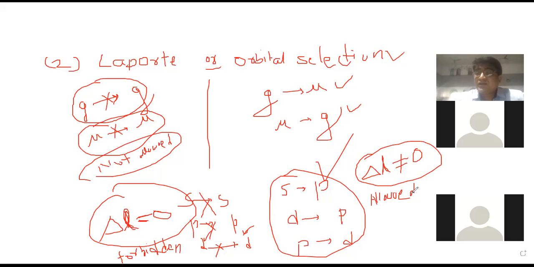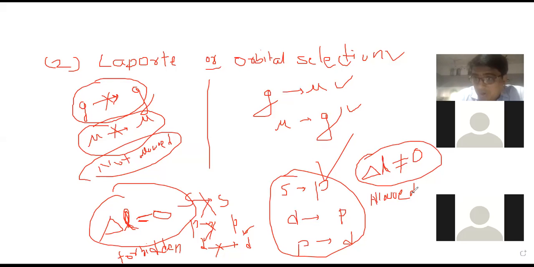According to the spin selection rule, an electronic transition accompanied by a change in spin multiplicity is not allowed, whereas an electronic transition in which spin multiplicity is retained is an allowed transition.